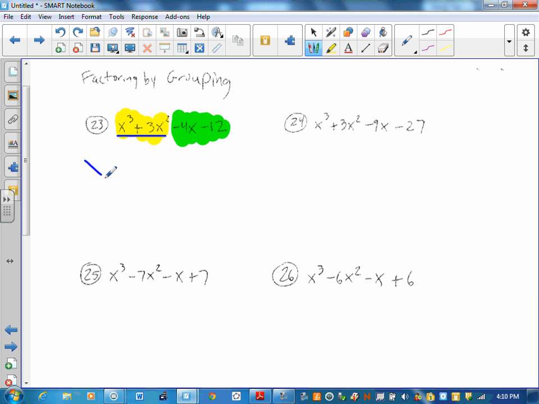Well, that would be x squared. What's left over? X plus 3. And we look at the next two in green here. What's the common factor between these two? 4, 8, 12. Oh, yeah, 4. Well, we might as well take the negative with it, too. So we got negative 4, and then x plus 3.